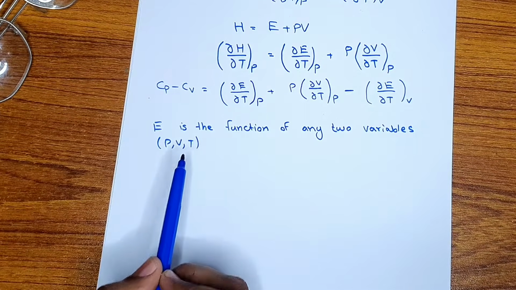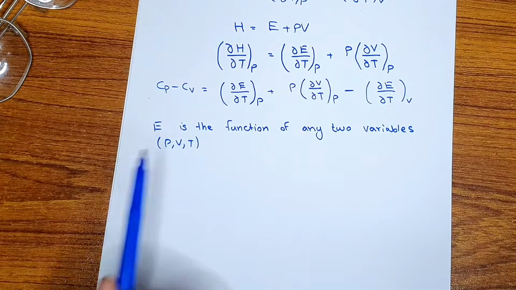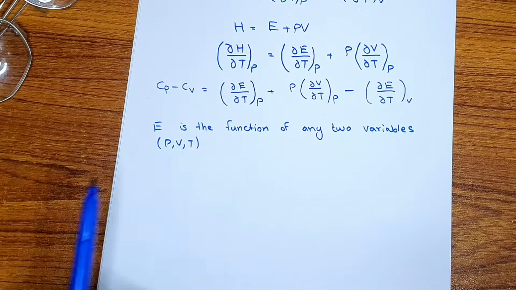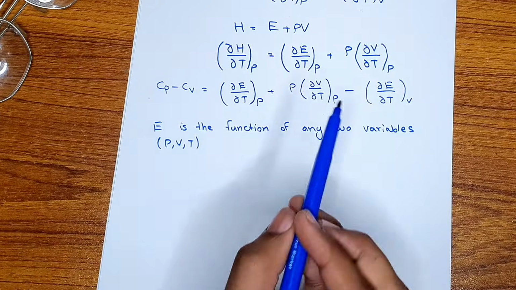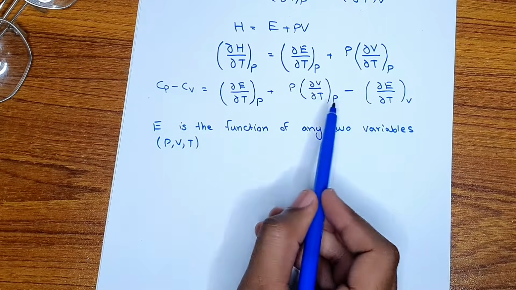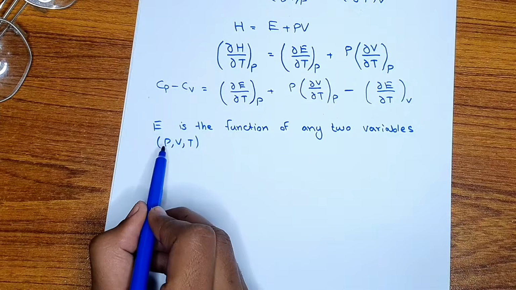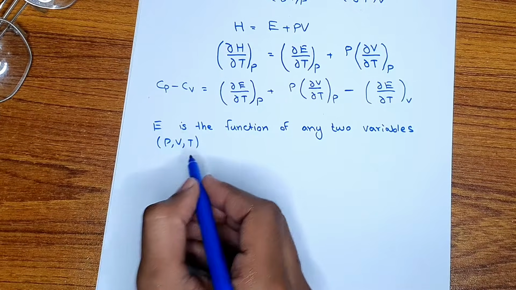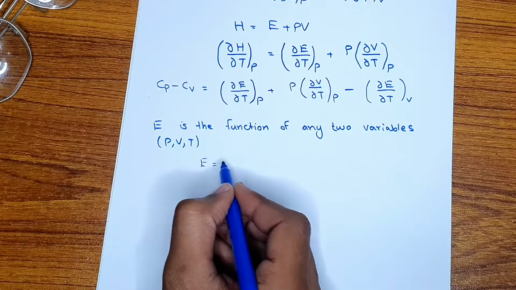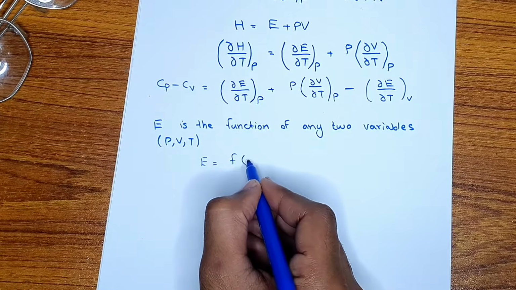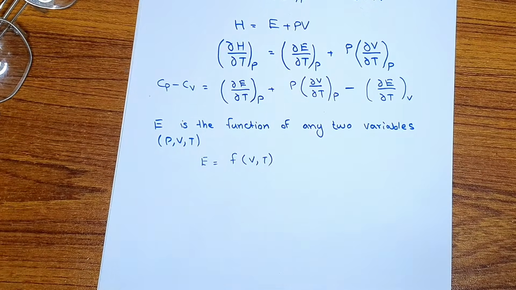Meaning if we take one of these variables to be constant, then the energy will be dependent upon the other two variables. So since we are talking about constant pressure here, I'm going to take pressure to be constant, so the energy will be a function of volume and temperature.